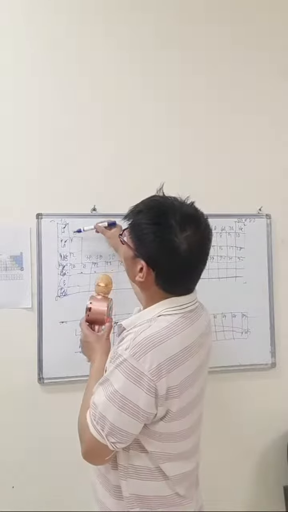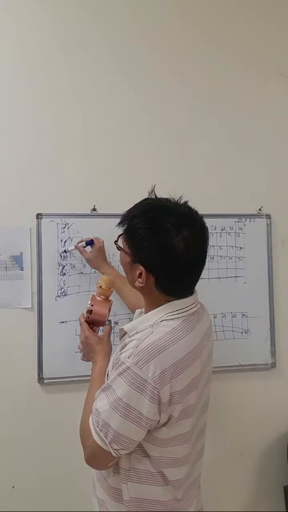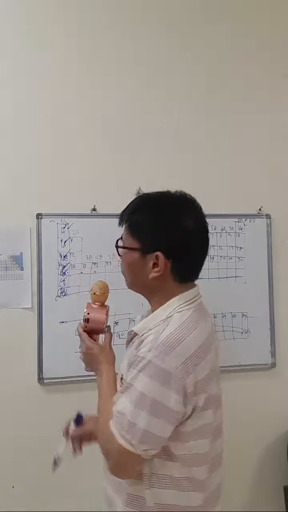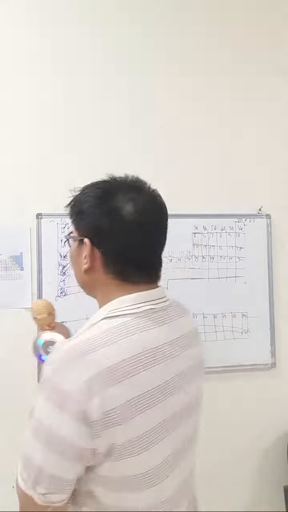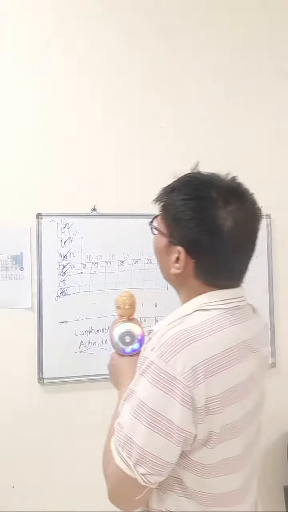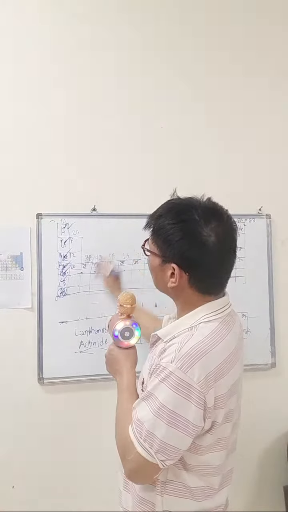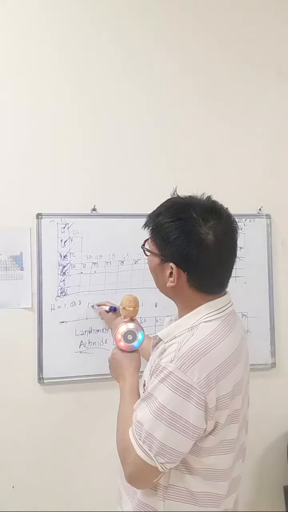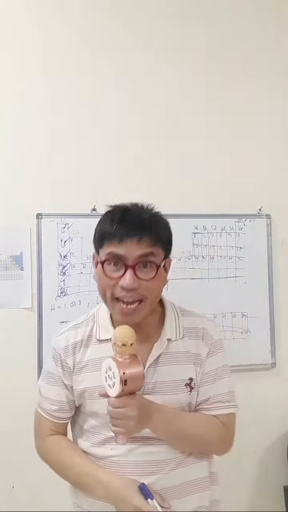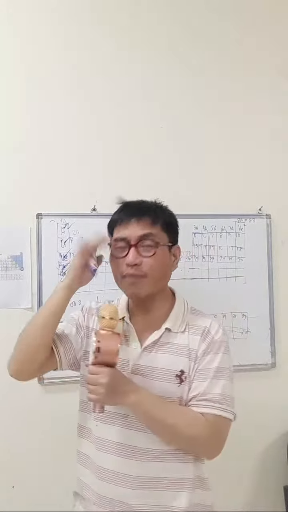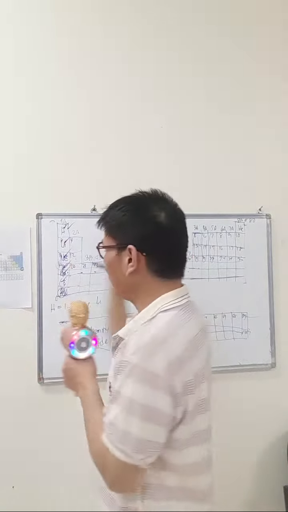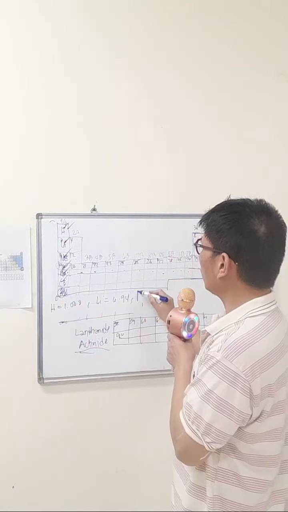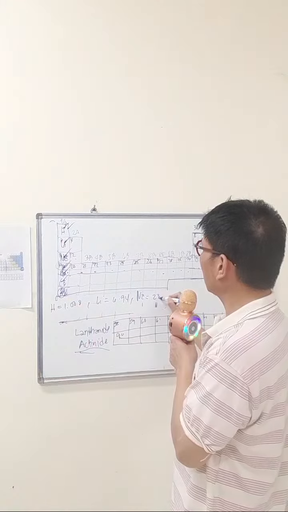So, basically, group 1A are hydrogen, lithium, sodium, potassium, rubidium, cesium, francium. And then, hydrogen, atomic mass is 1.008. Lithium, you should also memorize if you want. If you don't want, then fine. Lithium is 6.94, sodium is 23.